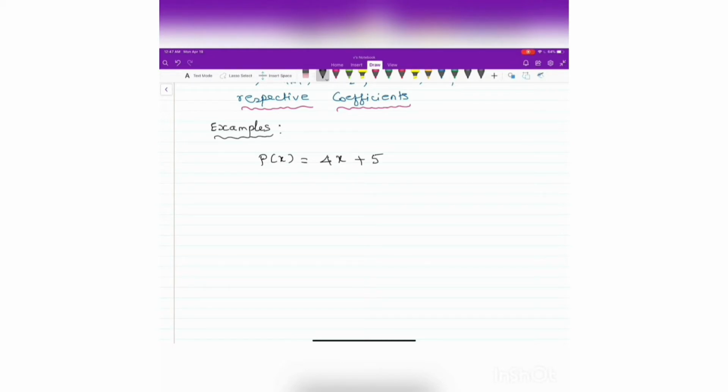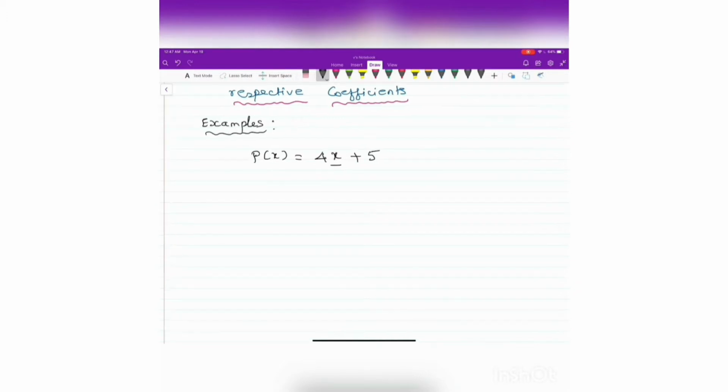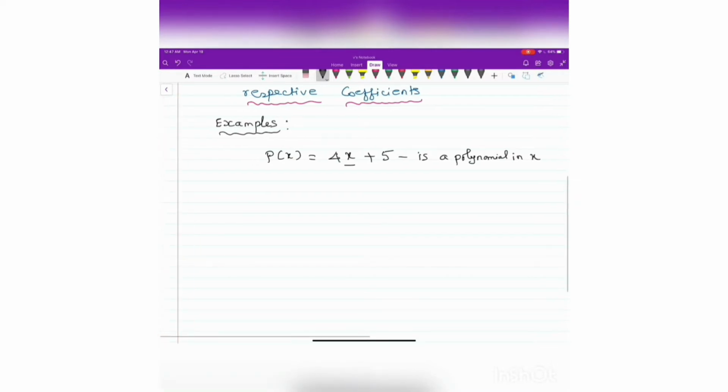It is a polynomial in x, and you can say it is a polynomial because the degree of x is 1, which is a positive integer, and this 4 and 5 are all real numbers. So it is a polynomial in x.